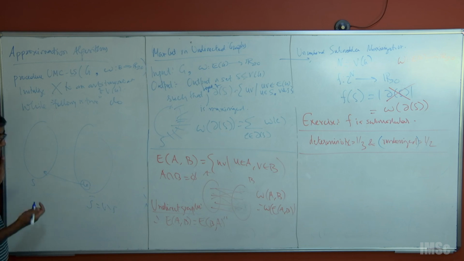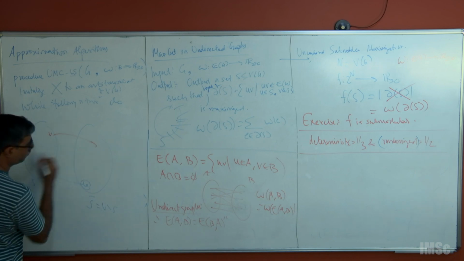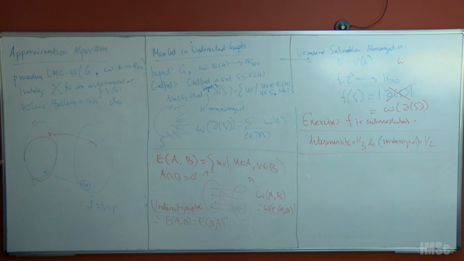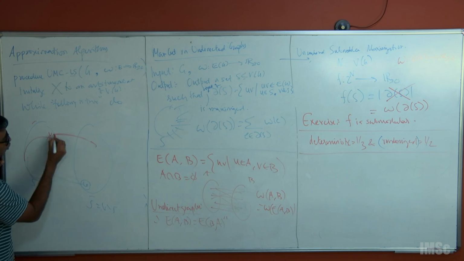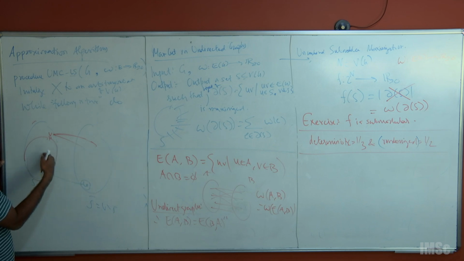Other could be that I remove a vertex, move it to S bar, and increase the cut size. Why? Imagine that you have a V here, it sees 3 people here, and it sees 2 people here. Then if I move it to the other side, I get 3 more edges to my cut. I lose 2, but I gain 3. So there are these 2 possible moves that I can locally do.